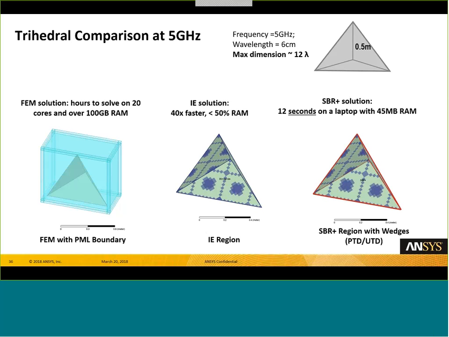Now, if you compare that solution to the integral equation solution, the IE solve was about 40 times faster and takes about half the RAM. And if we continue that and compare that to the SBR Plus solution, we get down to a solution that takes on the order of 12 seconds on a laptop computer with RAM that's practically negligible, 45 megabytes.